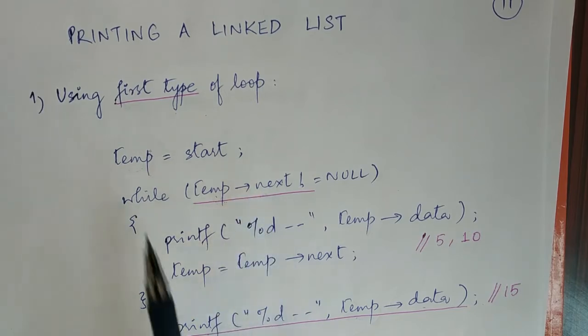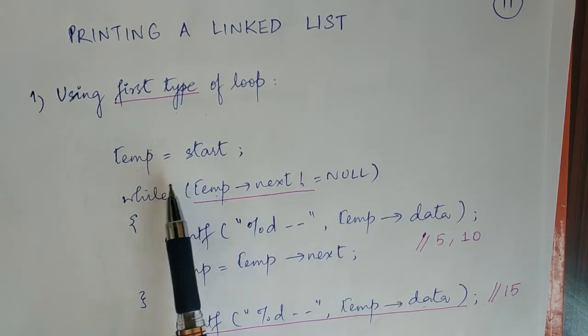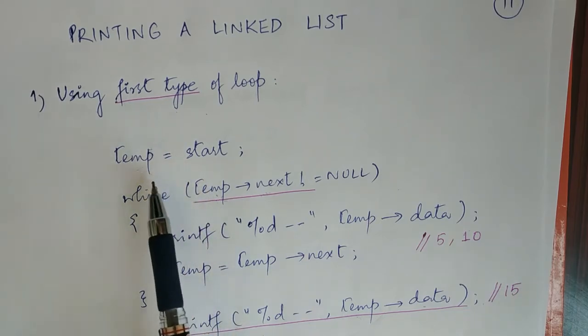In this case, we are not doing that check. So it's always better to put a check at the beginning to see whether your temp is null or not. In case it is null, you skip all of this and you will not get any error.